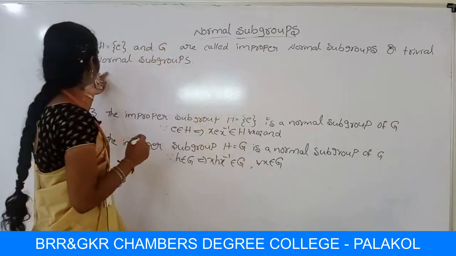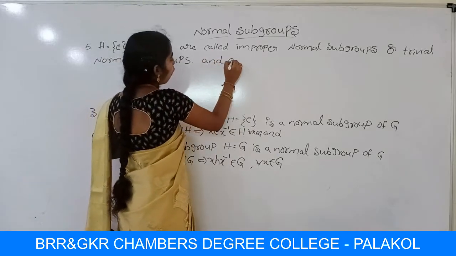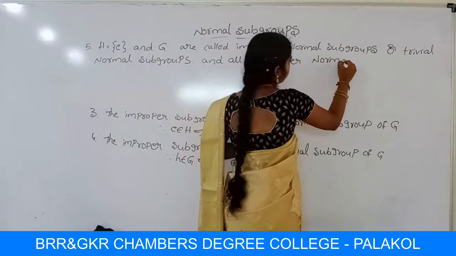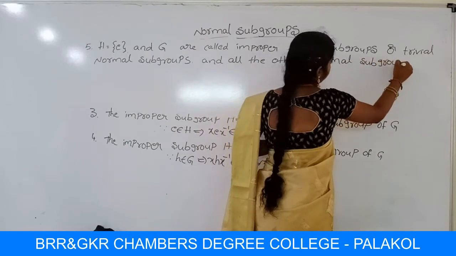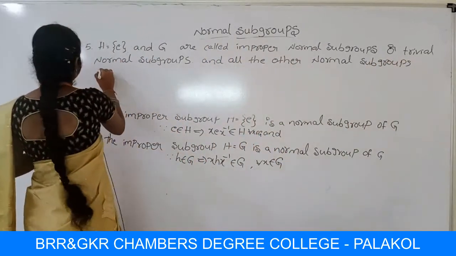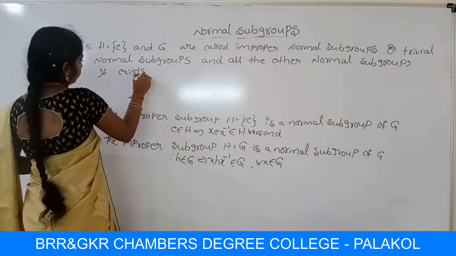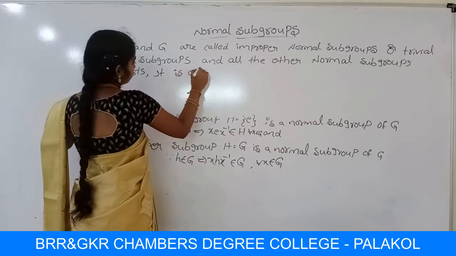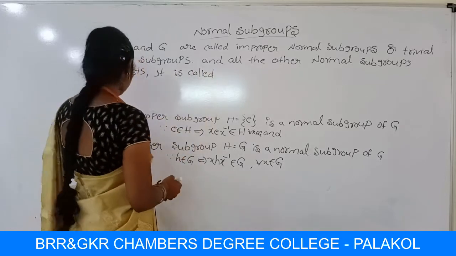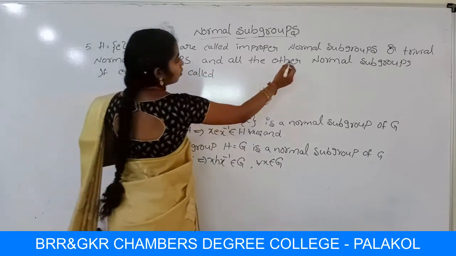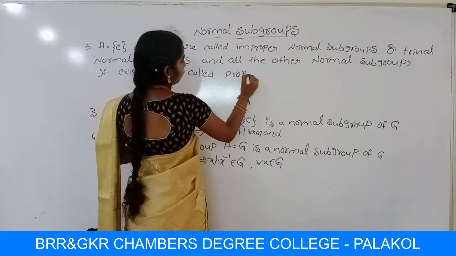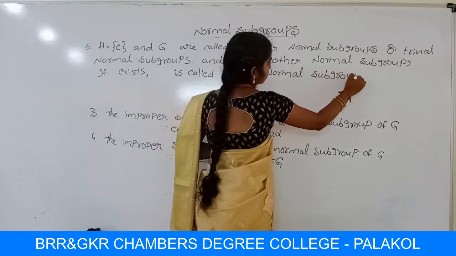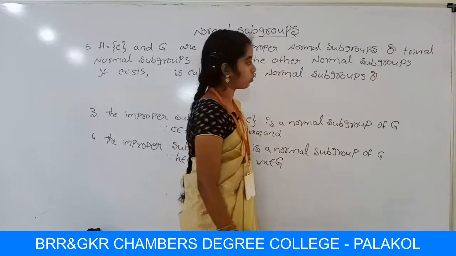So write down: normal subgroups, and all the other normal subgroups, if they exist, are called proper normal subgroups or non-trivial subgroups.